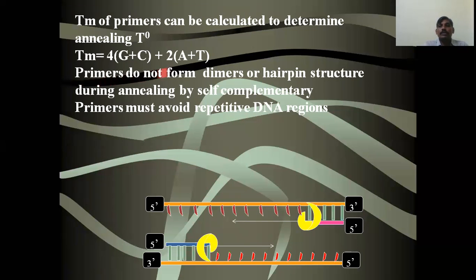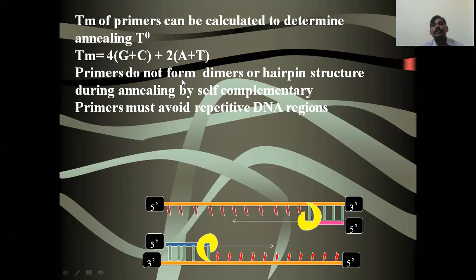These primers are annealed, attached to the single-stranded DNA molecules at the annealing temperature. This annealing temperature is calculated with the help of the melting temperature. Normally, the annealing temperature is 3 to 5 degrees Celsius less than the melting temperature.